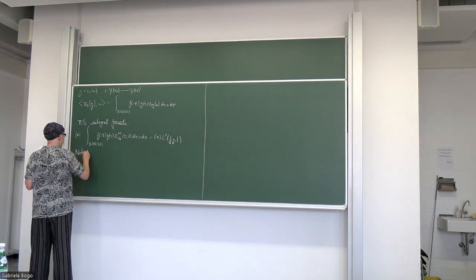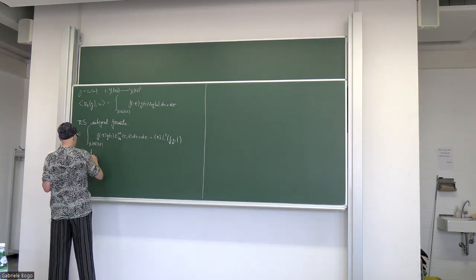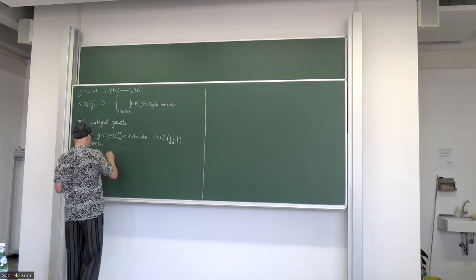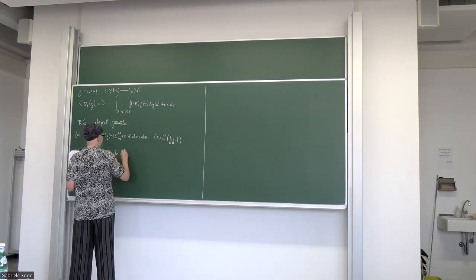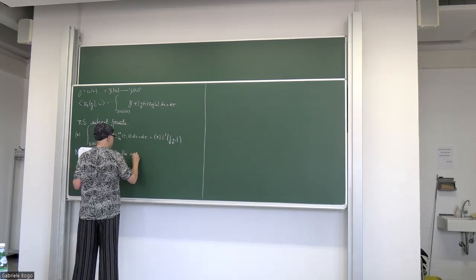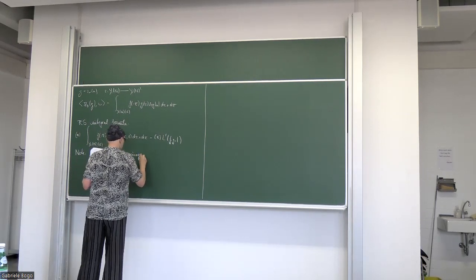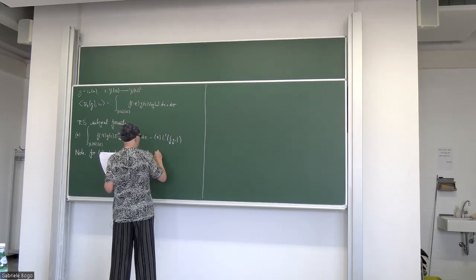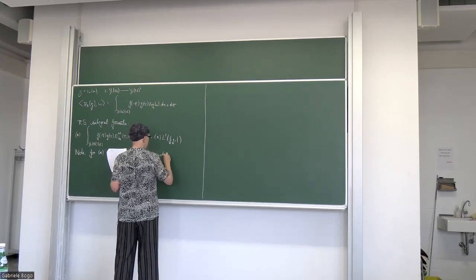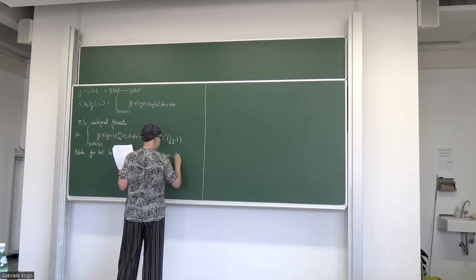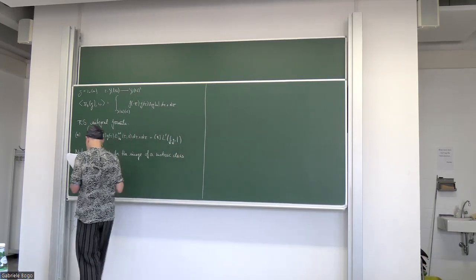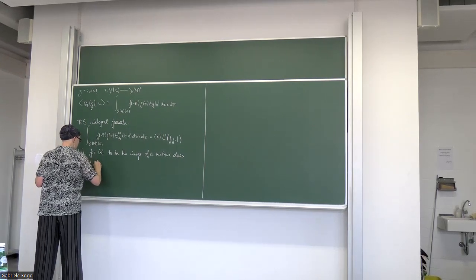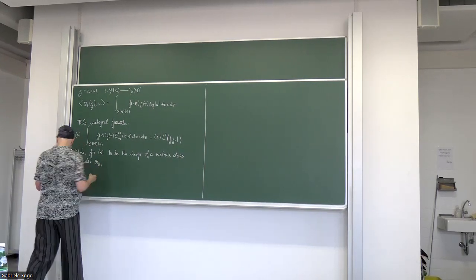What do we need? For the Rankin-Selberg integral formula to be the image under the Beilinson regulator of a motivic class, what do we need?